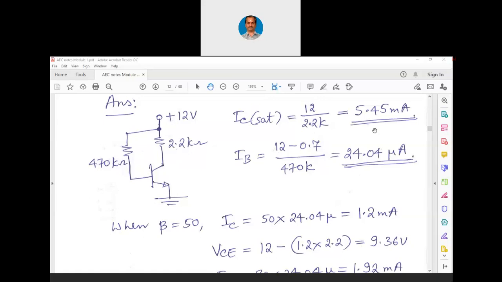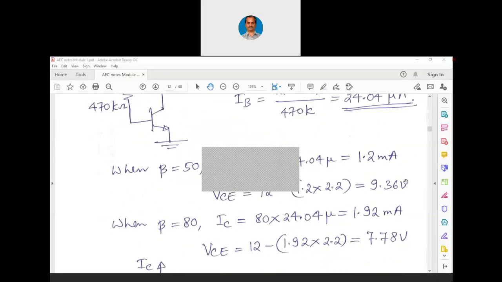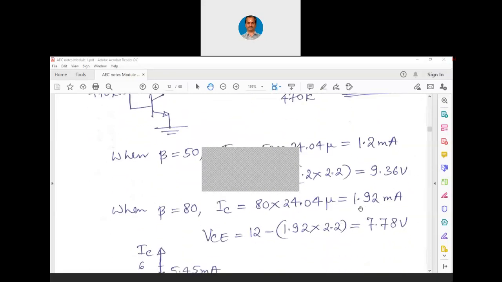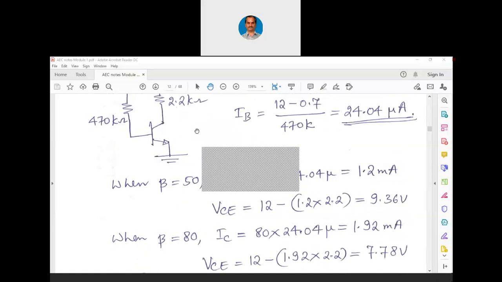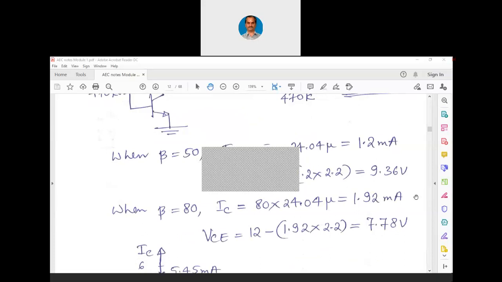IC sat divided by 2 is 5.45 milliampere divided by 2, around 5.5 by 2, which is around 2.75 milliampere. But we are getting here 1.2 milliampere and 1.92 milliampere, and ideally it was supposed to be 6 volts here, but we are getting 9.36 volts and 7.78 volts for the given resistor values.